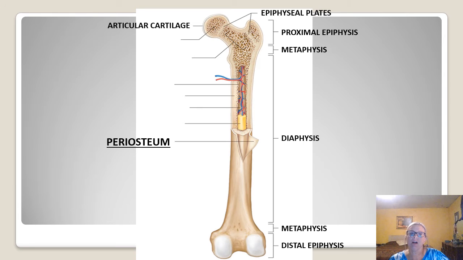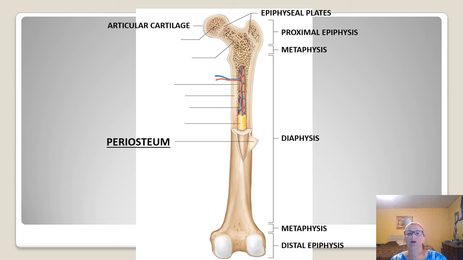Next, we have the periosteum. Peri means around, and so this is the covering around the bone. It is deep or below the articular cartilage, and it's made of a very dense connective tissue. It is a tough vascular covering. It's firmly attached to the bone and connects with tendons and ligaments.